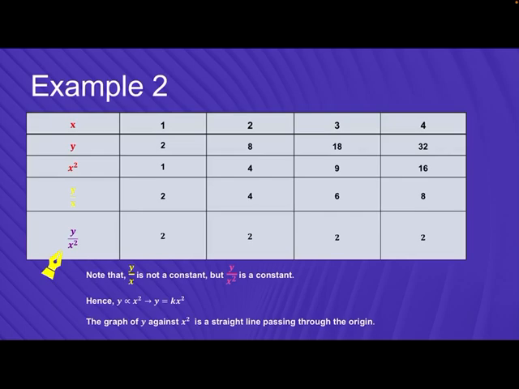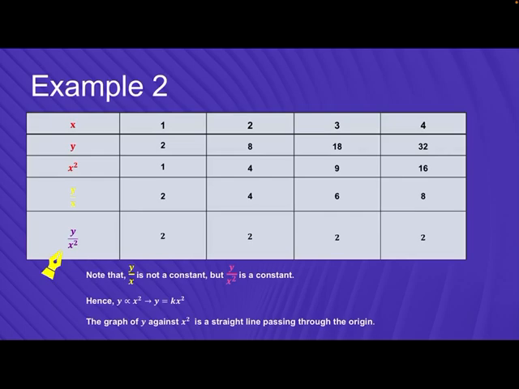Here's example 2. We have the same setup, four values of x and four values of y. Now the value of y increases much faster than x.